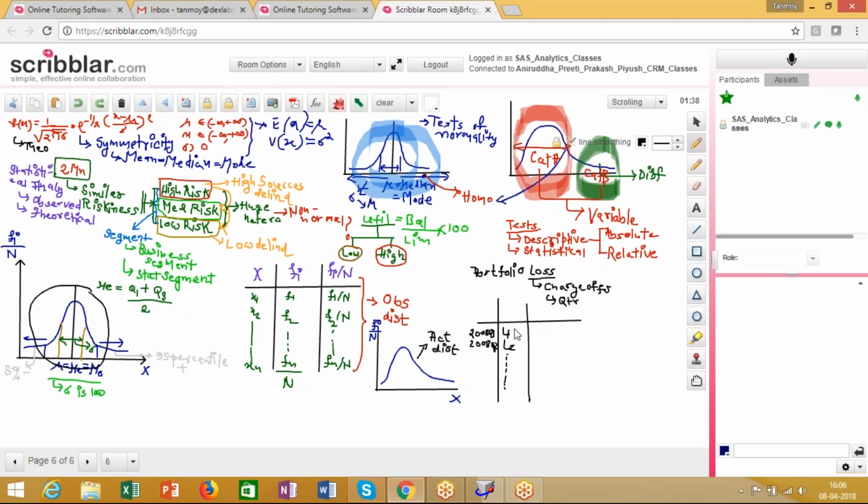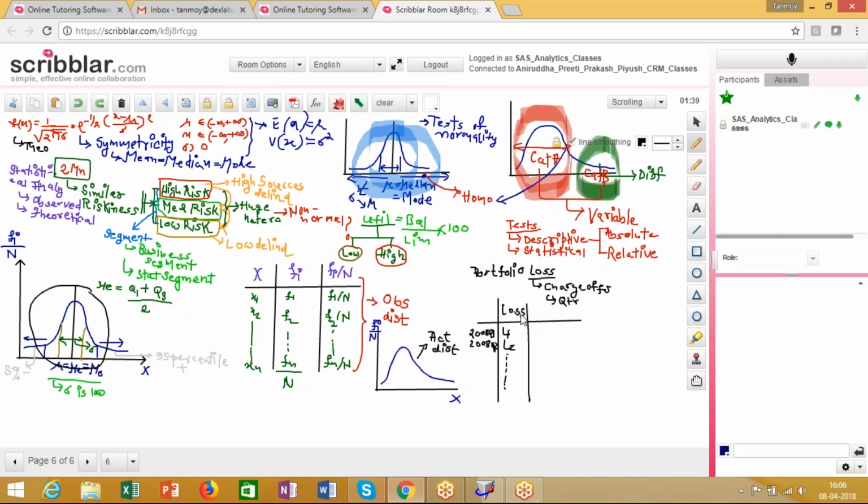Now, I want to know whether this loss distribution is symmetric in nature, or whether it is normally distributed. If the loss values are more or less symmetrically distributed, what it means is that the business has been operating about its average, or its mean level, and in the neighborhood the loss distributions get generated.